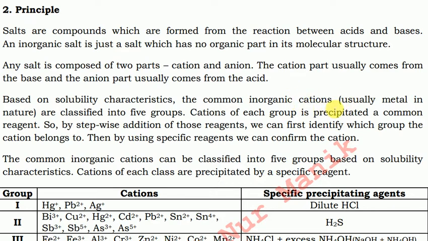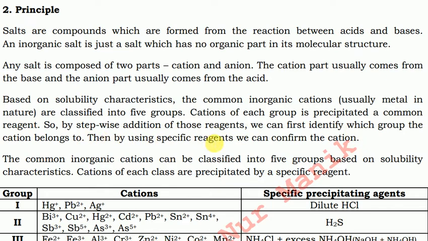Now, based on the solubility characteristics, the common inorganic cations, and you know that cations are usually metals, are classified into 5 groups. And how does the grouping occur? That was discussed in our previous lecture. Cations of each group are precipitated by a common reagent. So by stepwise addition of those reagents, we can first identify which group the cation belongs to.